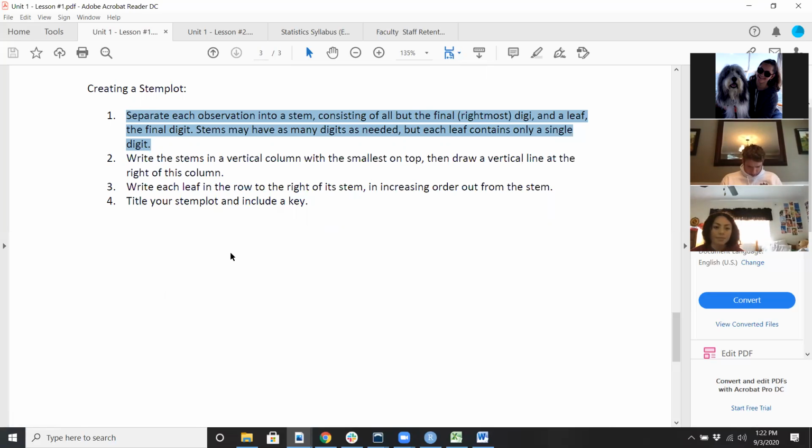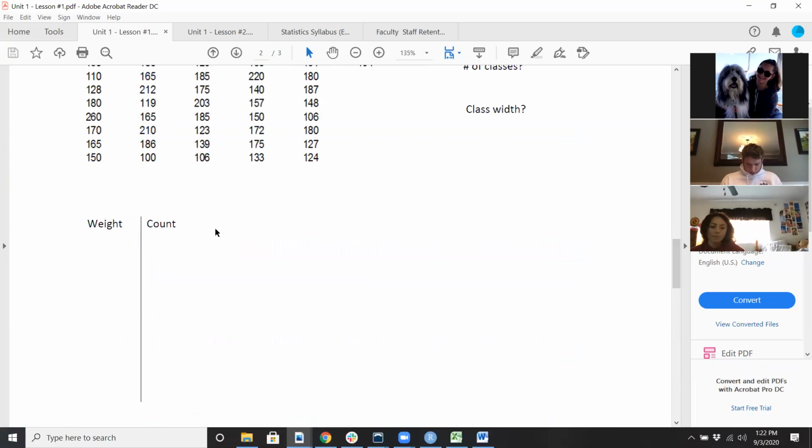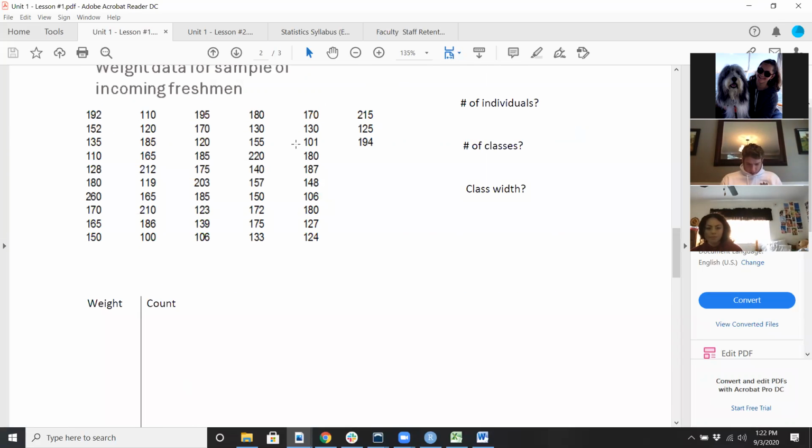So here's how it's going to look. We'll come back up here again. You're going to draw a line. We call this the stem. We call this the leaf.